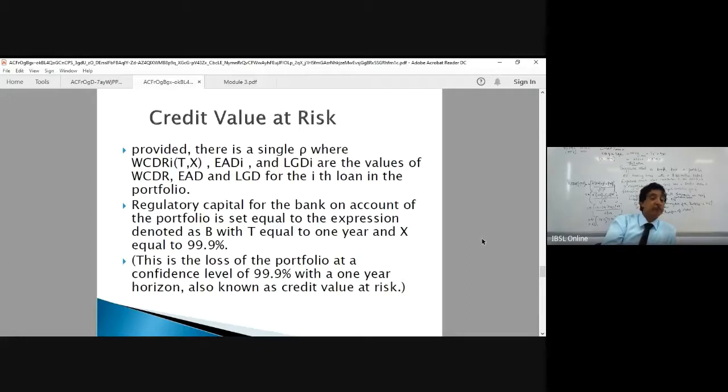Because the credit risk management of an organization, the bank and all, really assures the stability of the organization. By assuring the stability of the organization, it assures the systemic stability. By assuring the systemic stability, it really assures the stability of the economy.